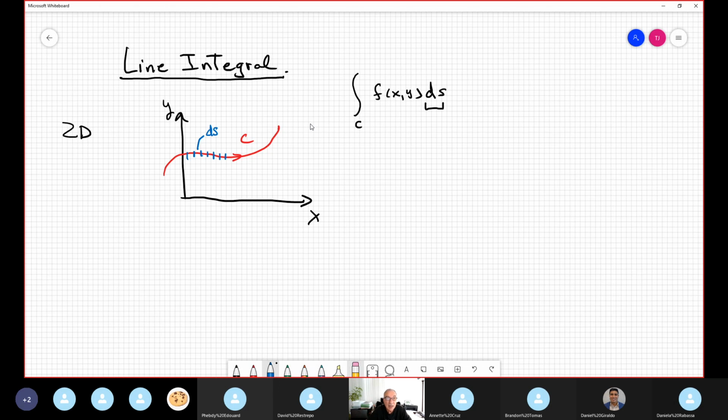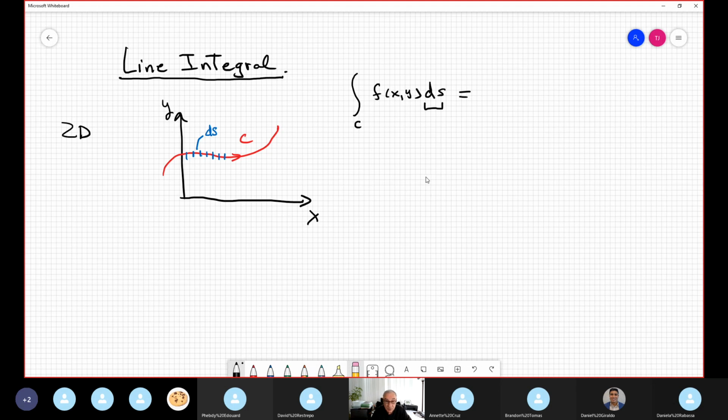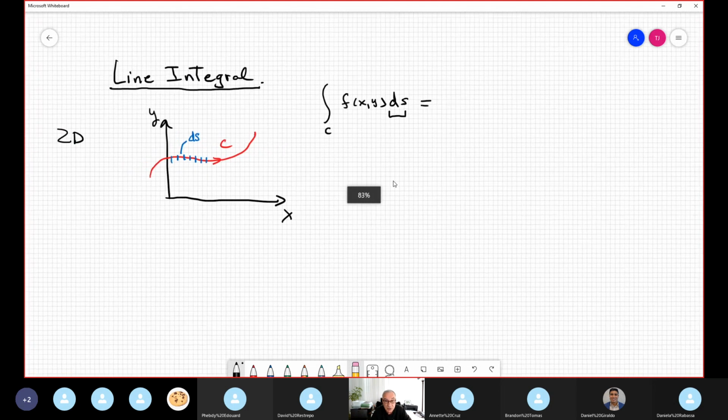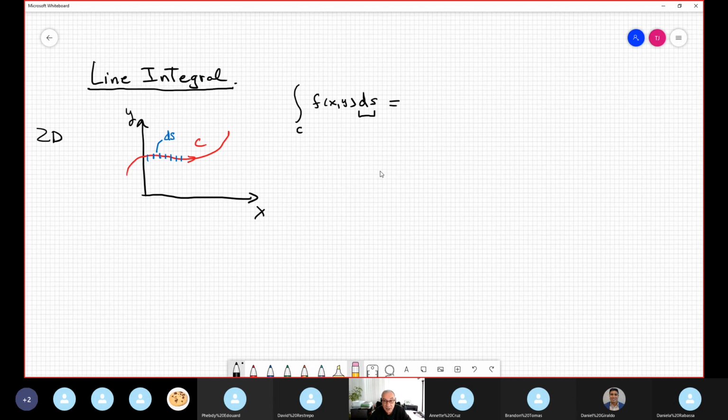It looks like arc length. Now, what is the definition of the line integral? Well, it's the same thing, a Riemann sum, but in this direction. You take the limit, always the limit, of the summation, the Riemann sum.